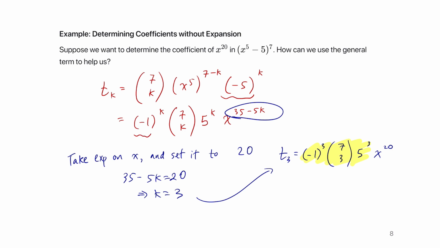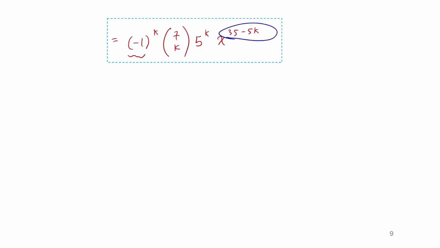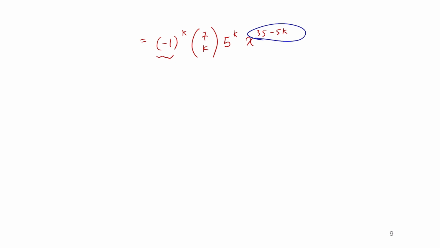Exactly. So now if we were instead asked, what's the coefficient on x to the 21? Actually, let's just put on a new slide, copy some of this. Okay, so remember this is our general term.